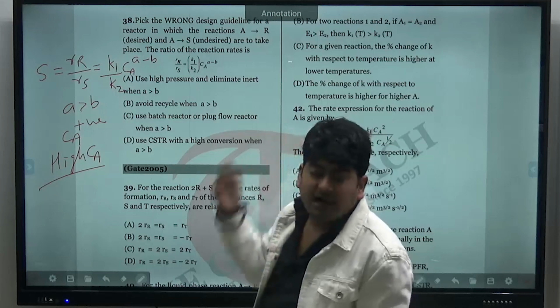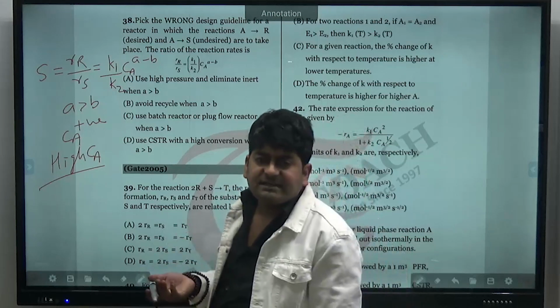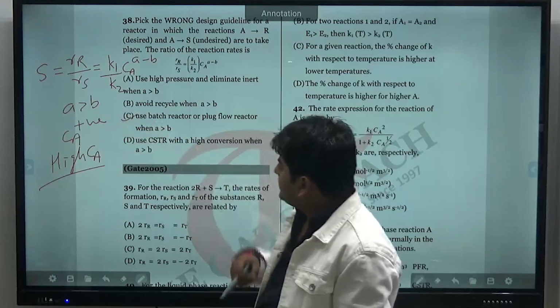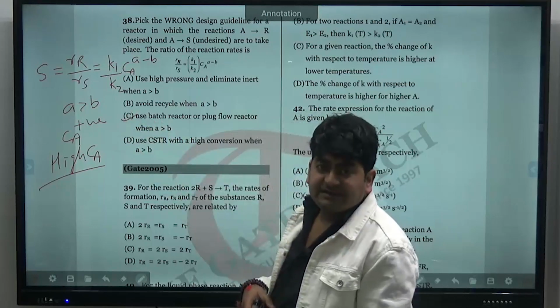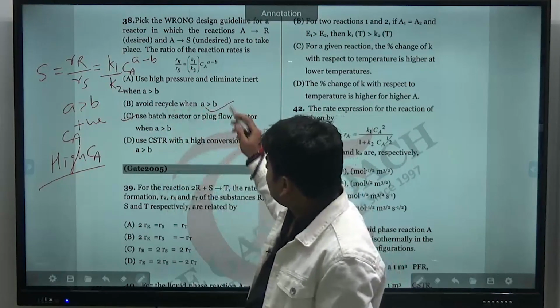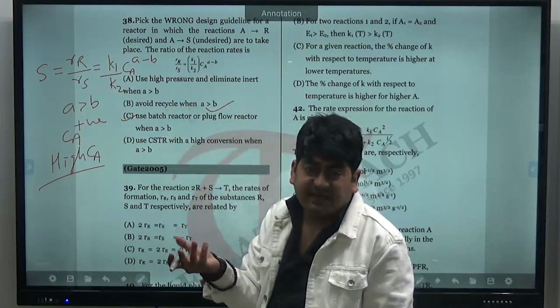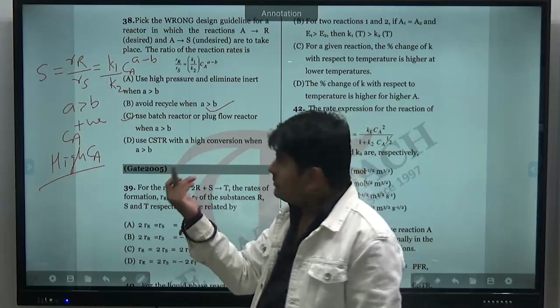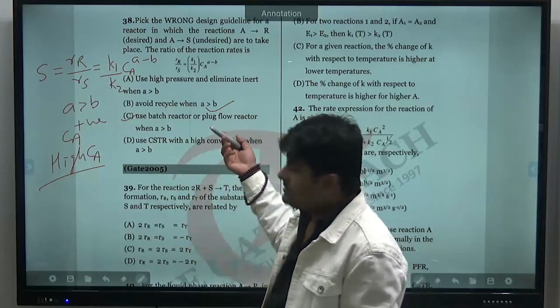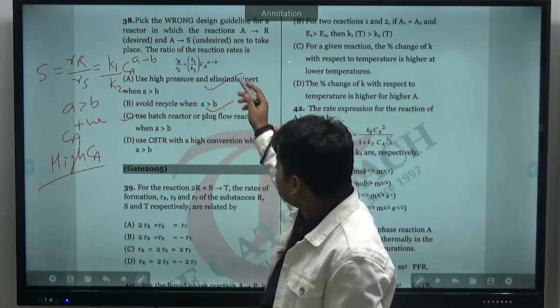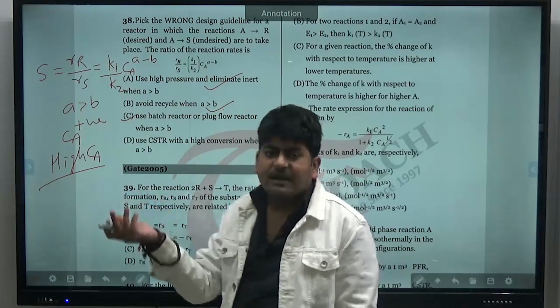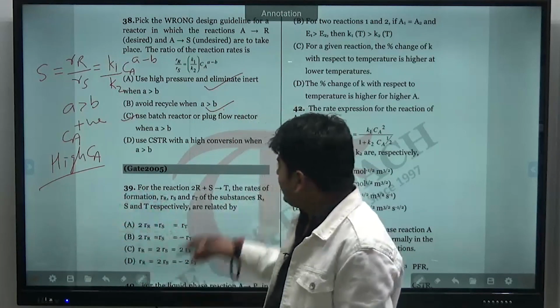Okay, so here what to do? To get high Ca, we know that for high Ca use PFR. So option C is correct. Avoid recycling. Option B is also correct, because if we attach the recycle stream on PFR, it will become MFR. So we have to avoid the recycling thing. That is correct. Use high pressure. That is also correct, because if gaseous reaction is there, high Ca, high pressure.